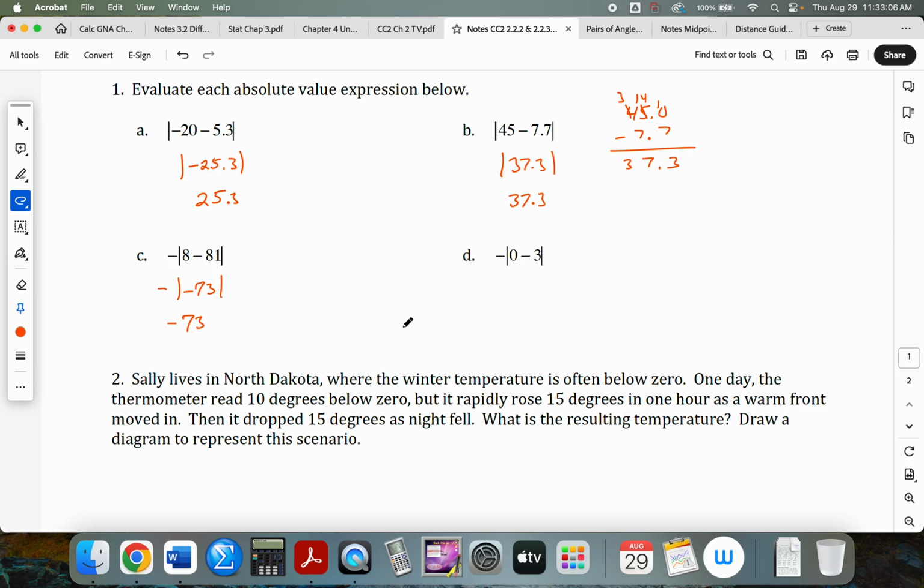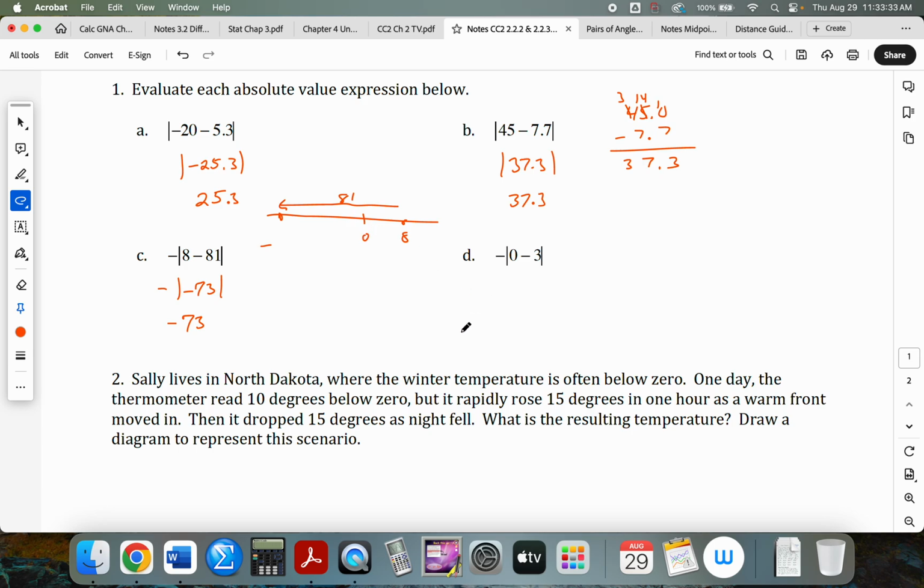Okay, so basically what's happening is you're starting at 8 and you're going 81 in this direction, right, to the left. So where are we going to end up? Well, we know we're going to end up at a negative somewhere because 0 is right here.